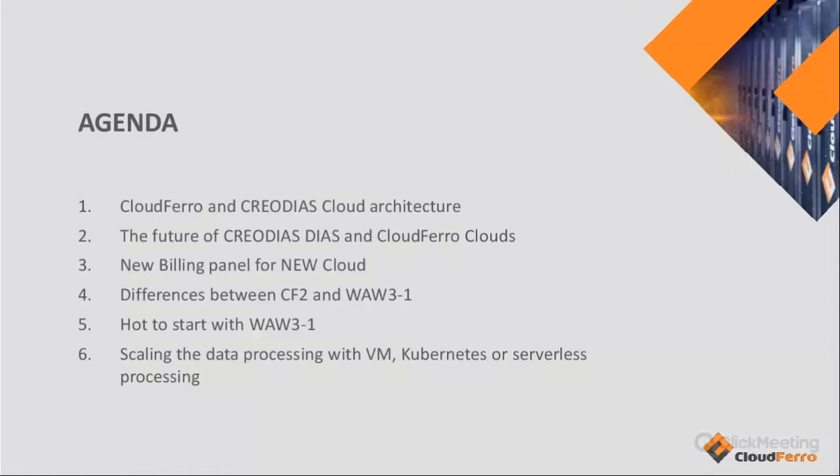And today our agenda is, firstly, we will just have a look at the big picture of the architecture of CREODIAS and CloudFerro services, because there are lots of changes there.